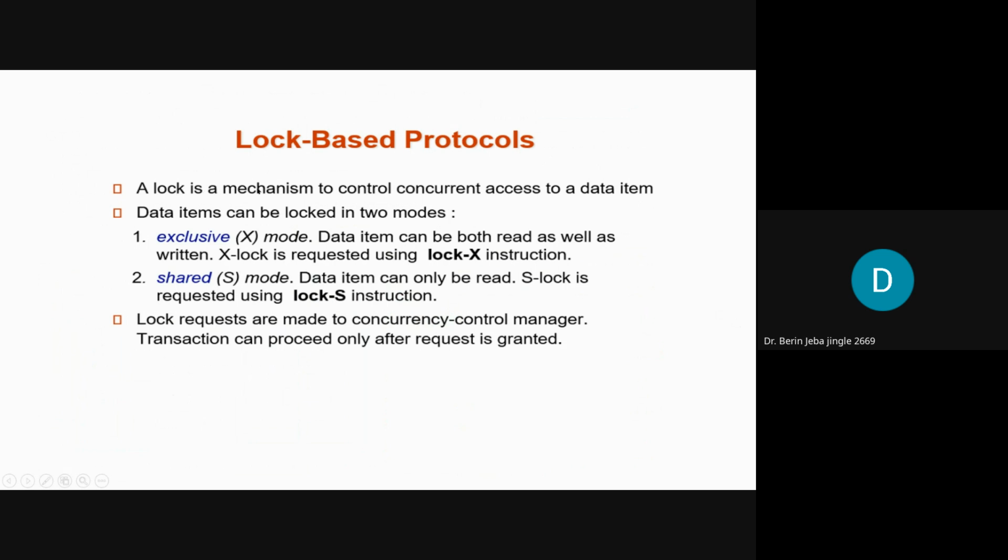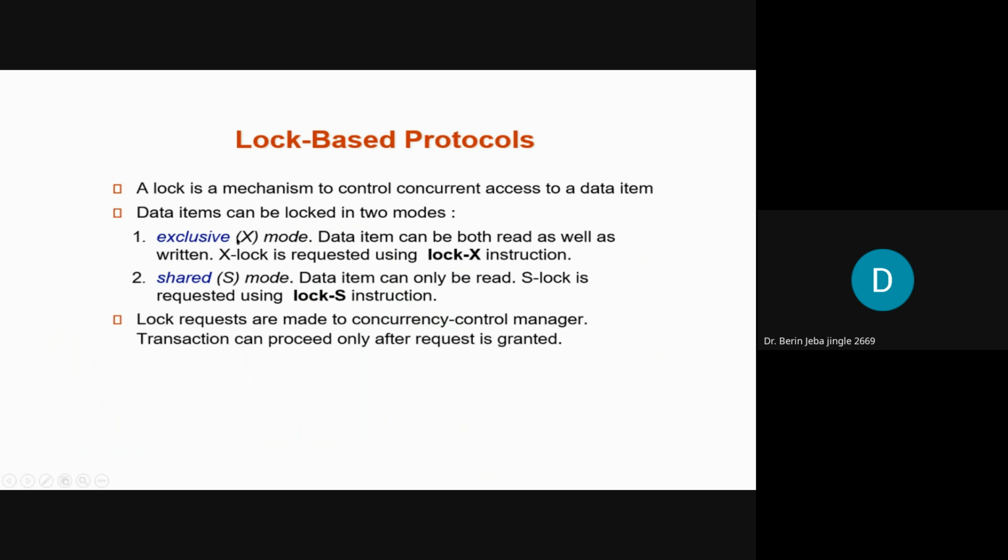Lock means that until the transaction is completed, the data is locked through a mechanism. So lock is a mechanism to control concurrent access to a data item. There are two modes here: one is the exclusive X mode and the other is the shared S mode.